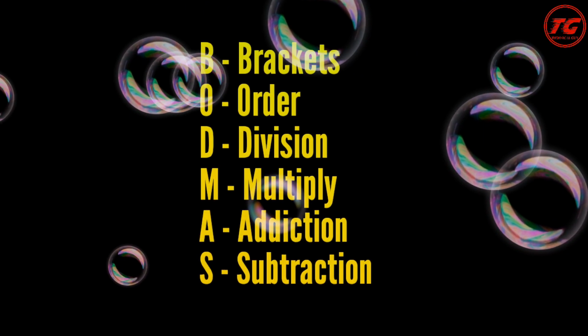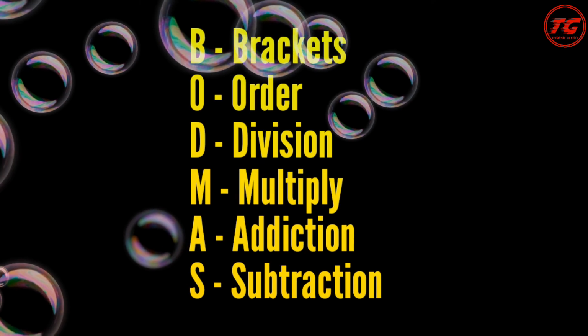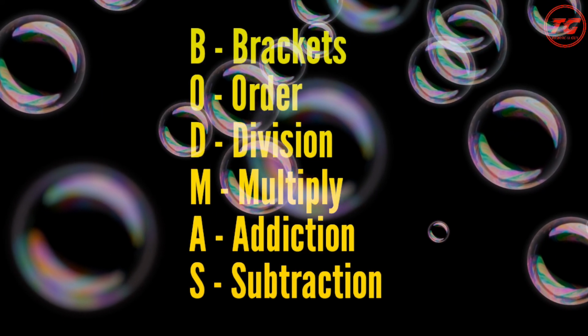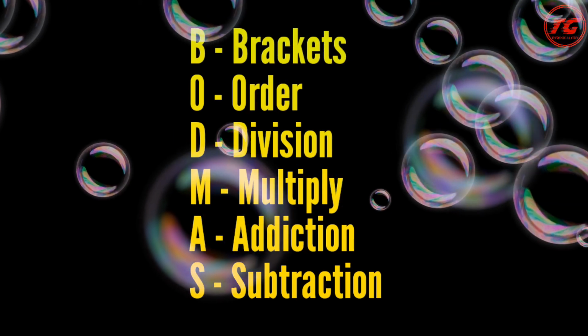Every expression is evaluated in a particular order, meaning some operators have higher precedence or higher priority over others. The operators with higher priorities are evaluated first. You have studied the BODMAS rule in mathematics.